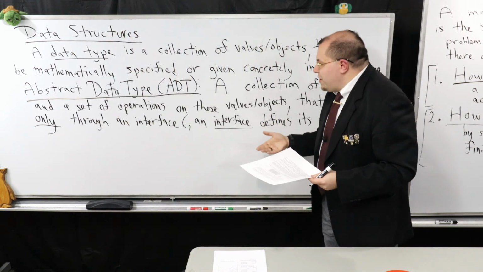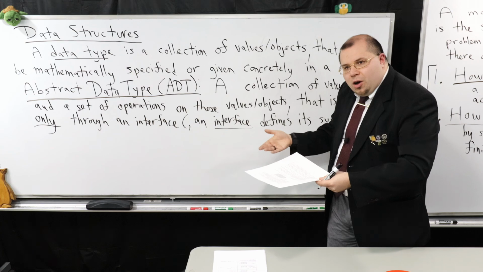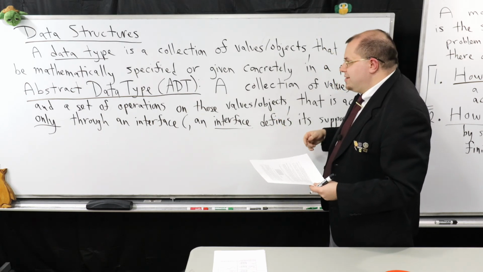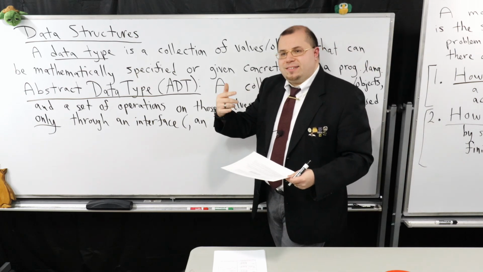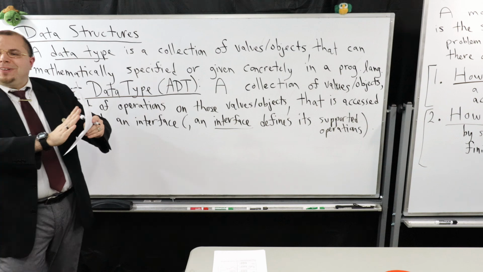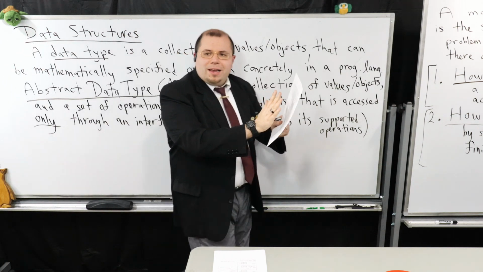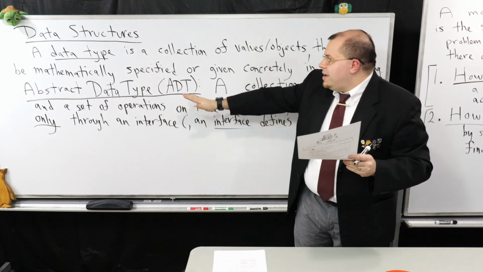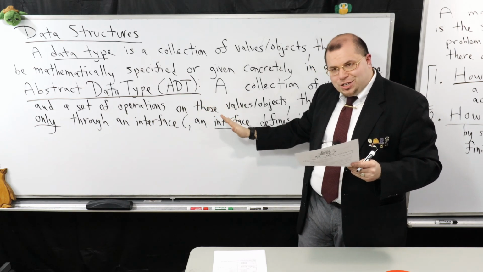So the interface's job is to define all of these member functions and their signatures. And this is the only way through which I access the operations. It has two purposes. One, it operates like a formal definition for what the data type should be and its operations.